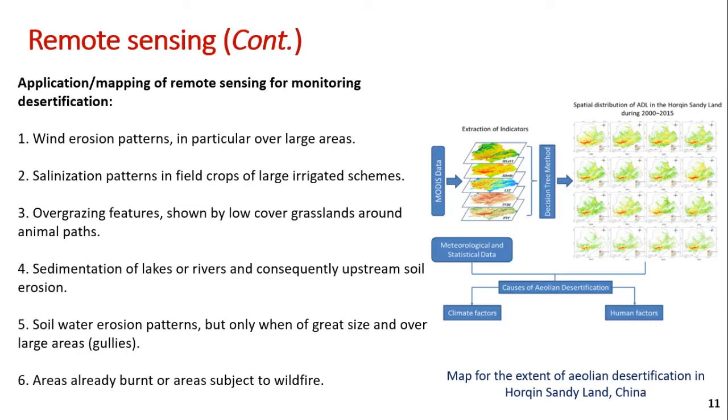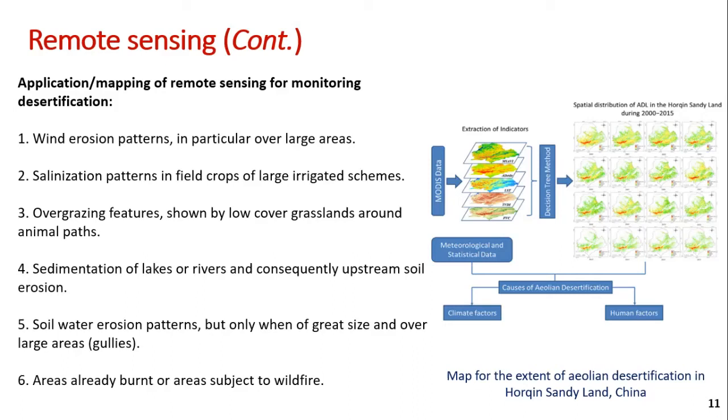You can also use remote sensing to monitor overgrazed areas. An application of this, for example, in Oman, you can do in Salalah, where you have vegetation that can be overgrazed over time. So you can look at the vegetation pattern, whether it's recoverable, whether it is increasing or decreasing, and so on. You can also monitor sedimentation.